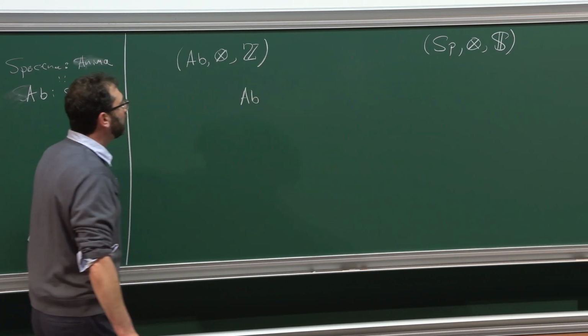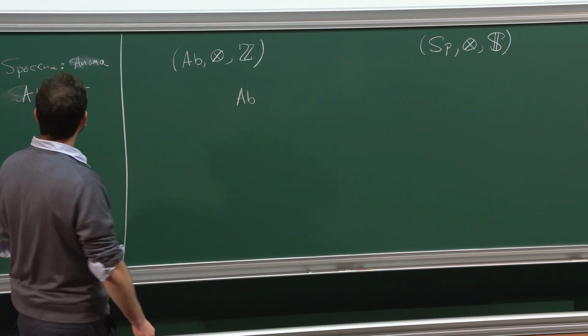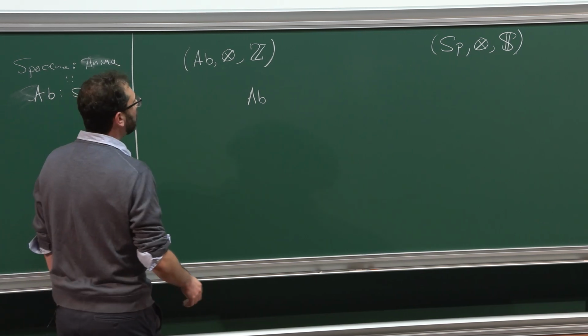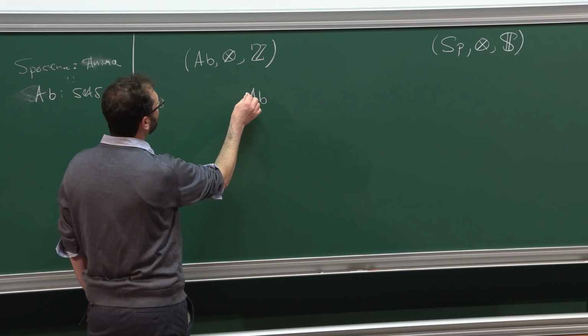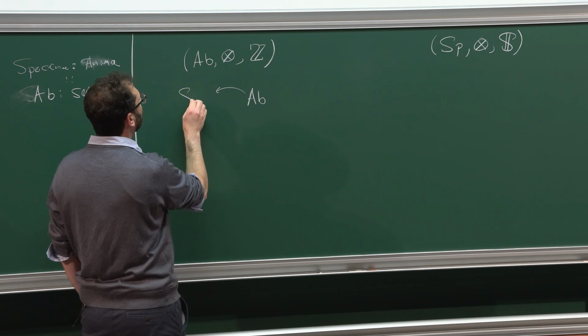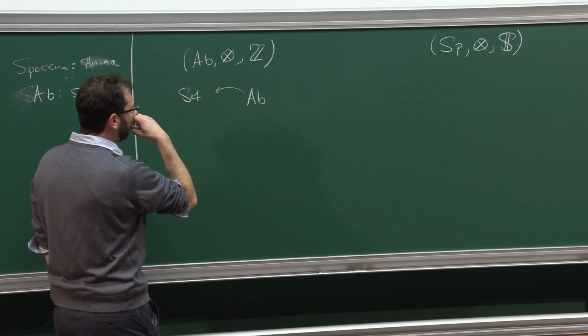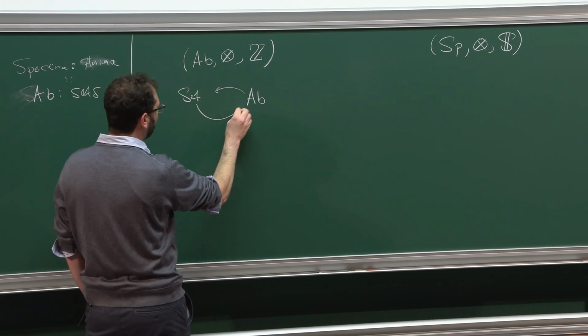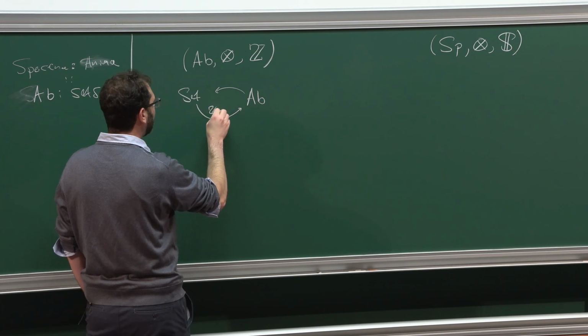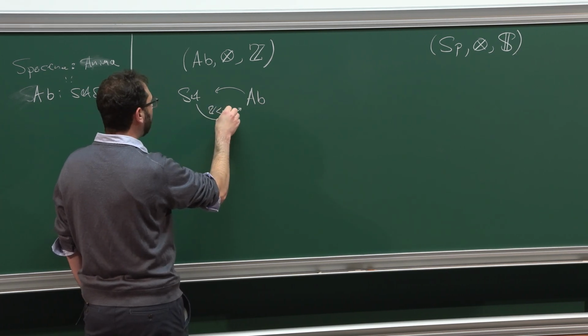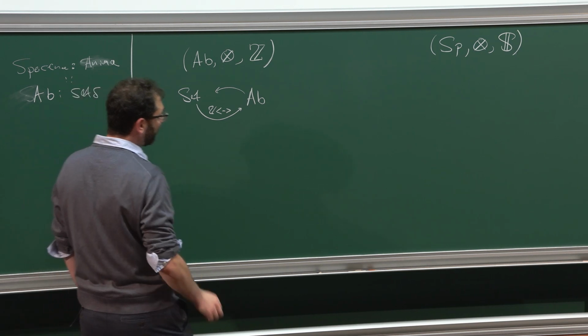Further, talking about the relationship between abelian groups and sets, every abelian group has an underlying set. And this forgetful functor has a left adjoint, which sends a set to the free abelian group generated from it.